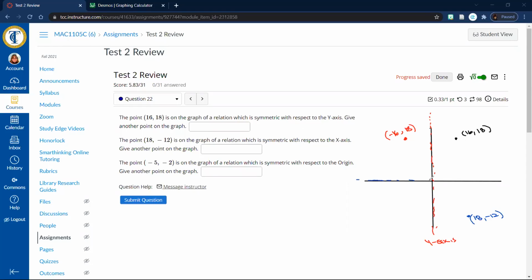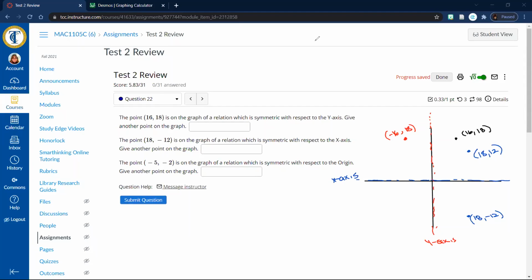Again, if you fold it here, it would be the same. So what's that point? We need the same x, so 18, and then the y will change. So 18, 12. Yes, the y flips.